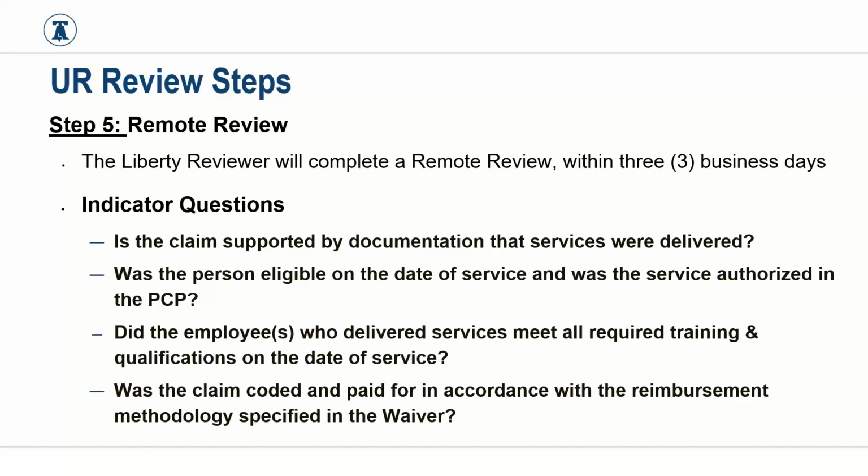Was the person eligible on the date of service, and was the service authorized in the PCP? Did the employee or employees who delivered services for that claim meet all required training and qualifications on the date of service? Was the claim coded and paid for in accordance with the reimbursement methodology specified in the waiver? We need to check to make sure that it was accurately paid. Those are the 4 questions.